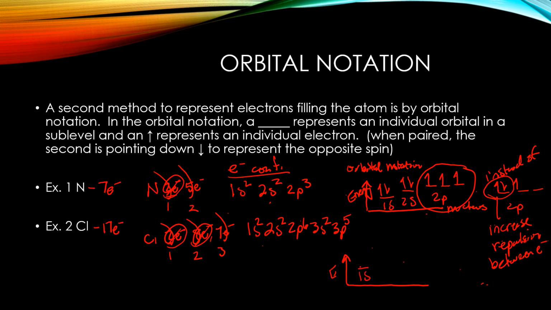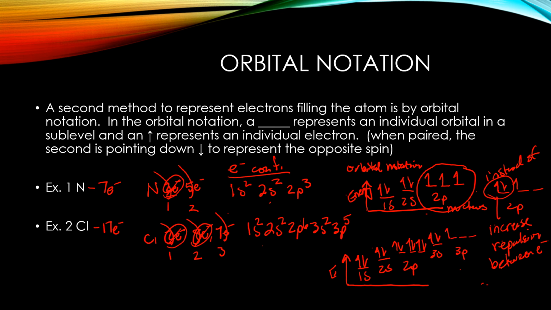So I would have the 1s with the 2 electrons. I would have 2s with the 2 electrons, 2p. Now we had 6, so I'd have 1, 2, 3, 4, 5, 6. I have 3s with 2, again only one orbital, and then I had the 3p with 5.